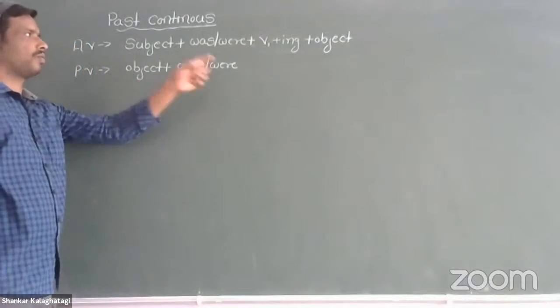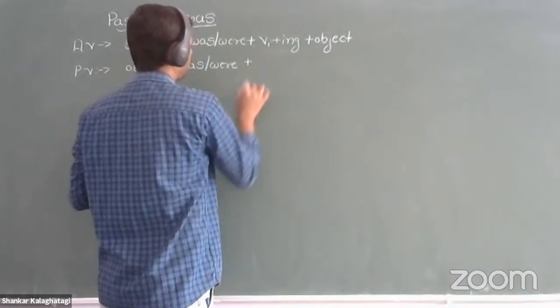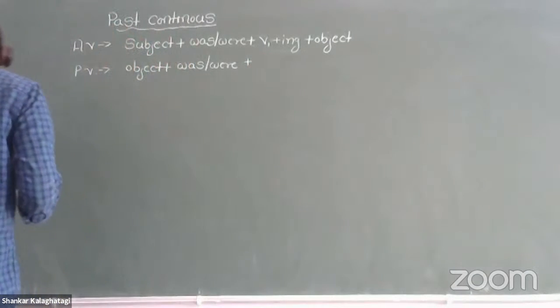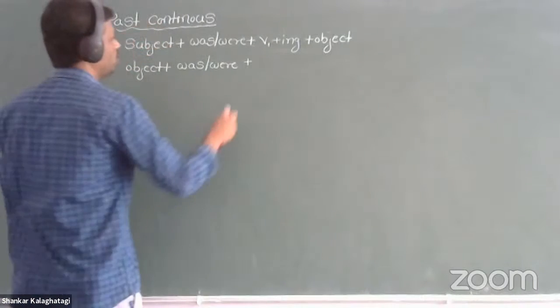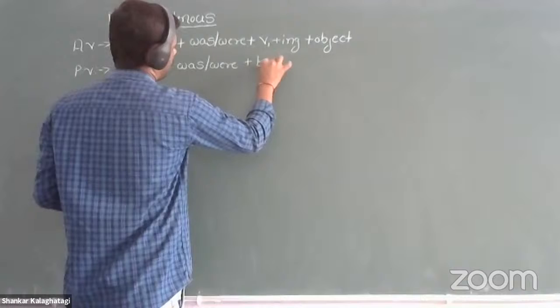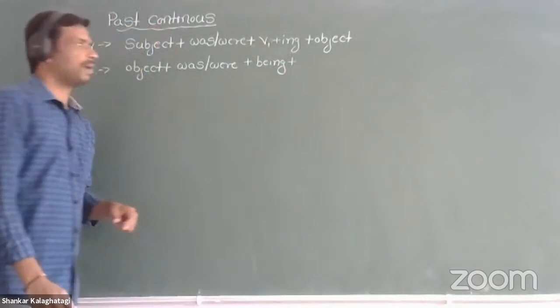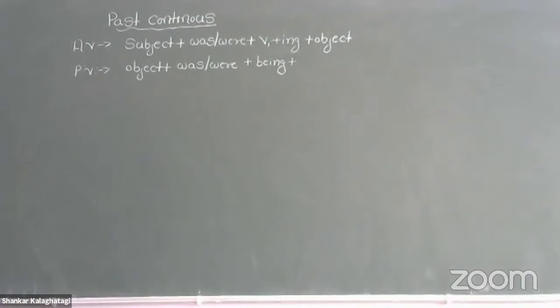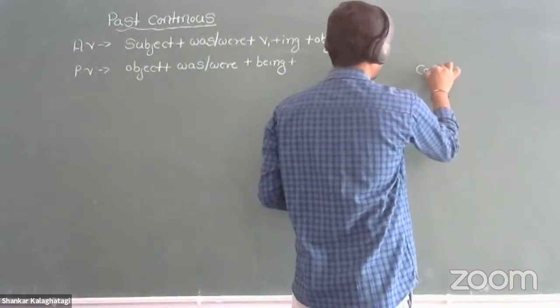Object plus was or were. Now we have to add one more thing, that is the tense form in continuous. Whenever it is continuous, we have to add being.